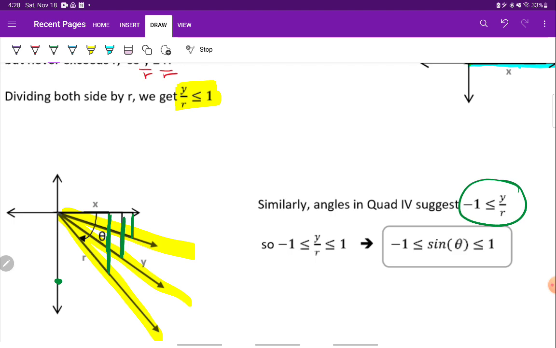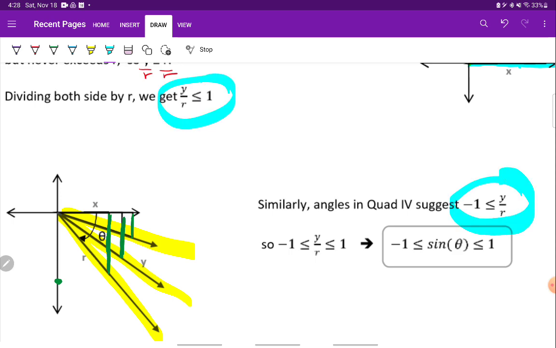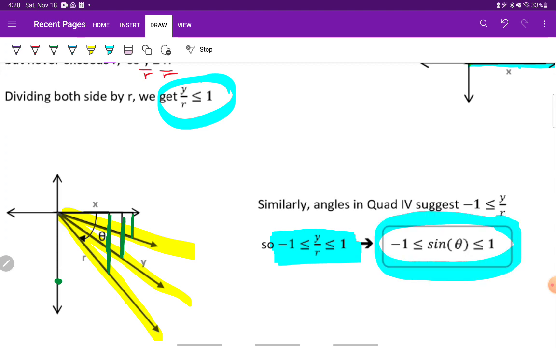Well, putting these two inequalities together, that Y over R is less than or equal to 1, but greater than or equal to negative 1, we get the sandwich inequality saying that Y over R is in between negative 1 and positive 1. And we recognize Y over R to be the definition of sine. So we can conclude that sine of theta is always in between negative 1 and positive 1.